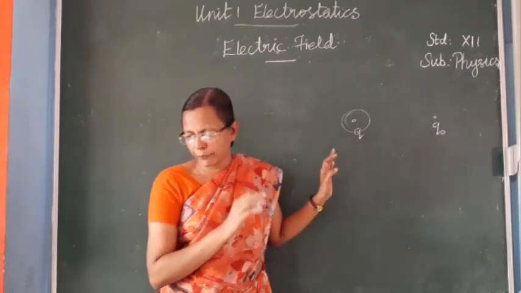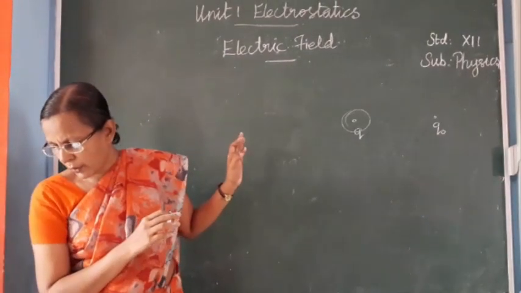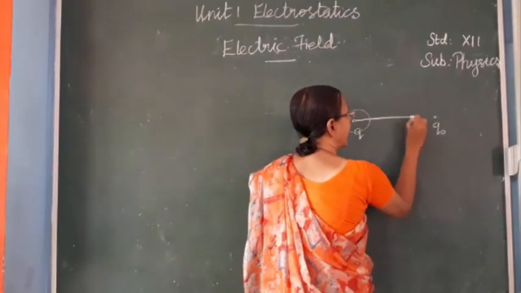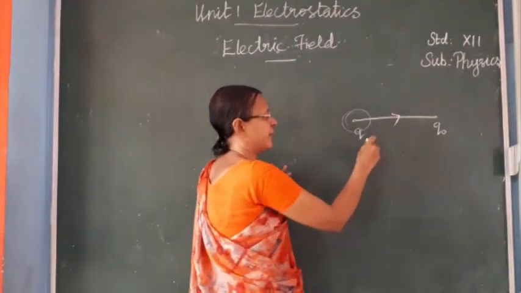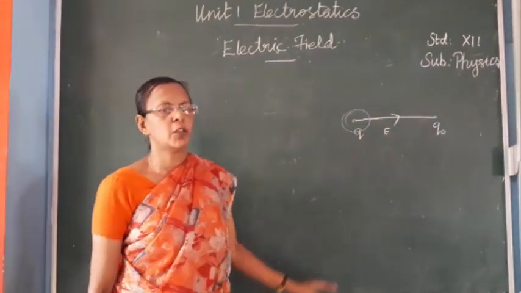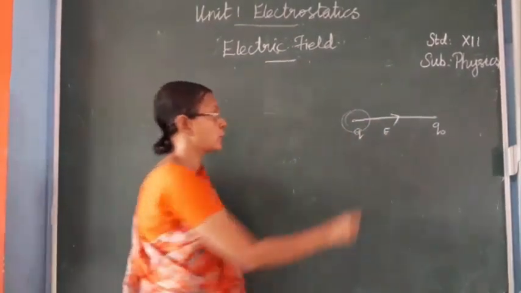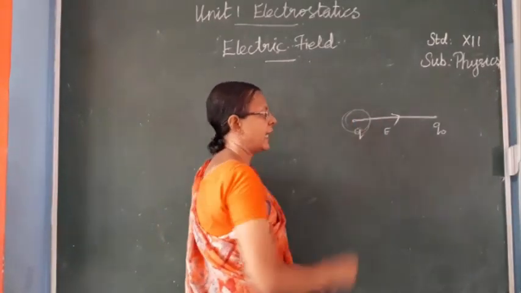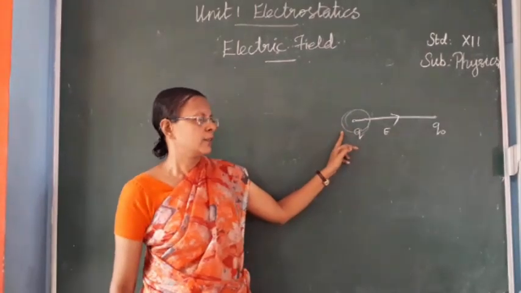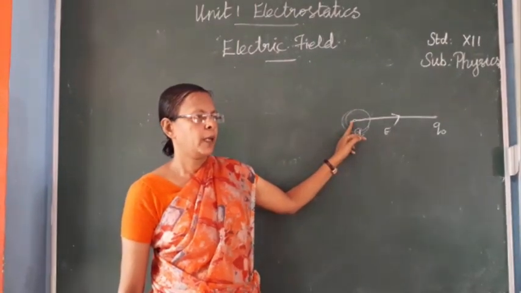If Q is positive, the electric field points away from the source charge.